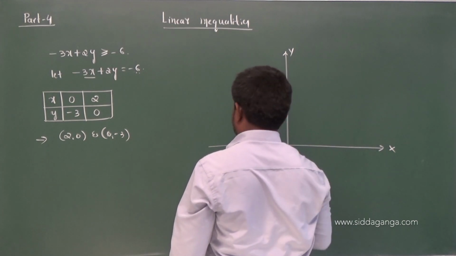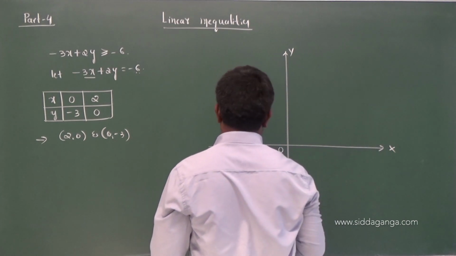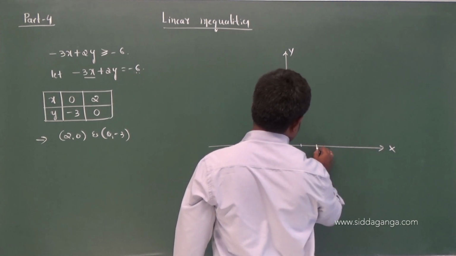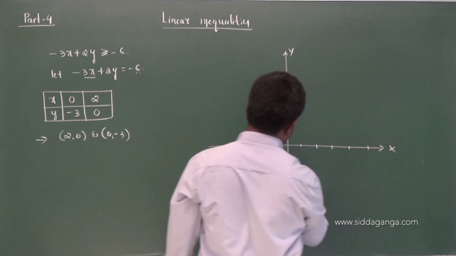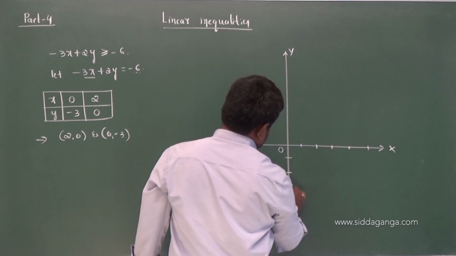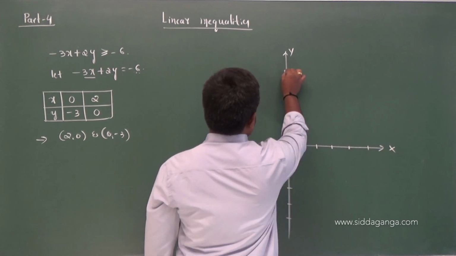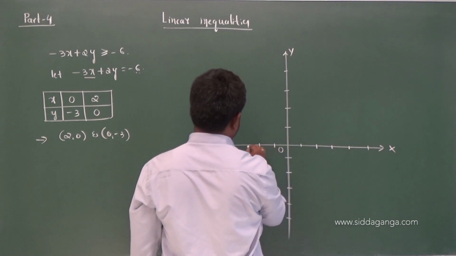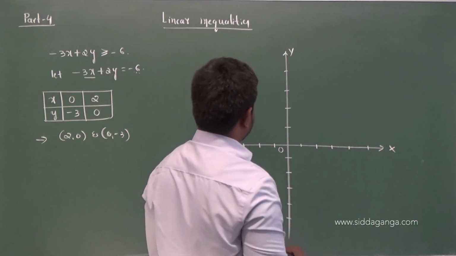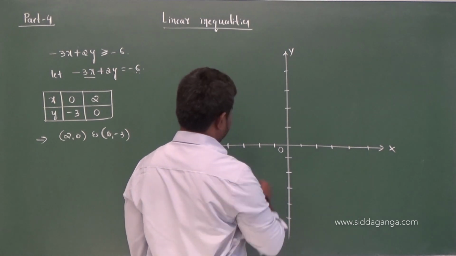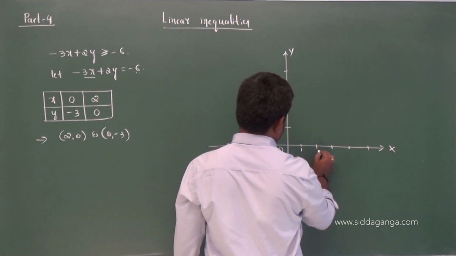The line is passing through 2 comma 0 and 0 comma minus 3. It's 1, 2, 3, 4, 5. Okay, so 2 comma 0, you have to mention all the points.